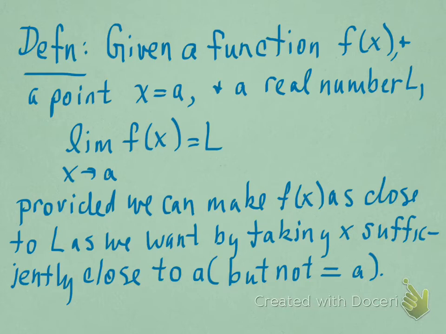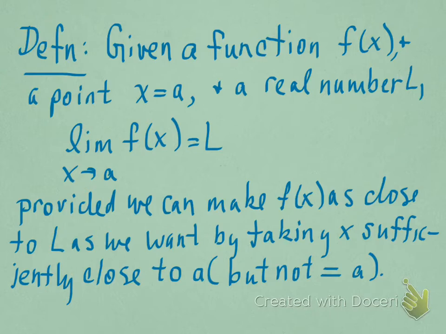So if I can make those y values, those function values, as close to some number L as I want to by taking x closer and closer to a but not equal to a, then we say the limit as x goes to a of f of x exists and is equal to L.